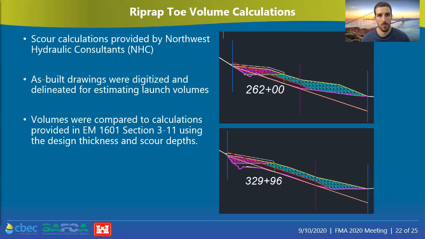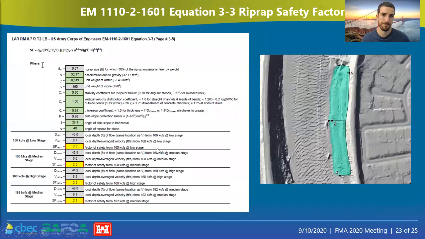And for this, we're using scour calculations that were provided by Northwest Hydraulic Consultants, and then using the EM 1601 section 3-11 equations to estimate launchable rock volumes that are necessary given a particular scour depth and design thickness. Then we can compare that to our measured or estimated toe launchable rock volumes.